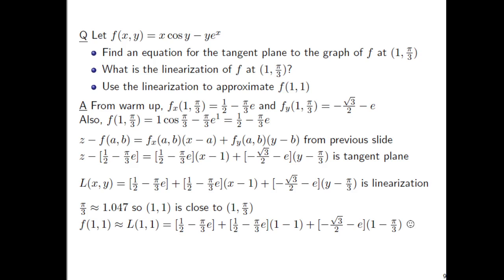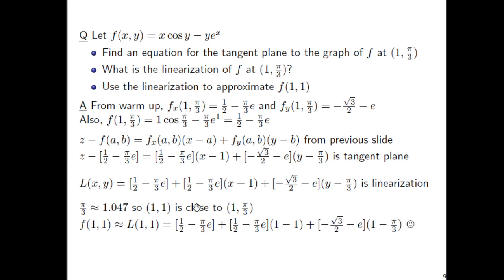The point is, 1 comma 1 is pretty close to 1 comma pi over 3, because pi over 3, 3.14 over 3, is close to 1. So we're not getting f of 1 comma 1 exactly, we're just doing something approximate. Our approximation is that f of 1 comma 1 is pretty close to L of 1 comma 1. And L is really nice to compute with.